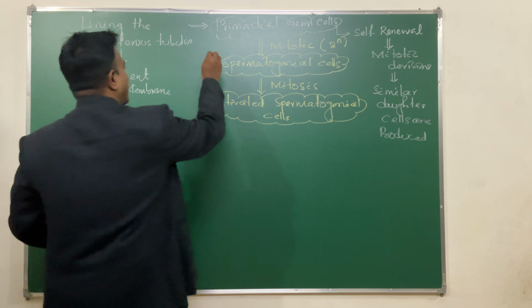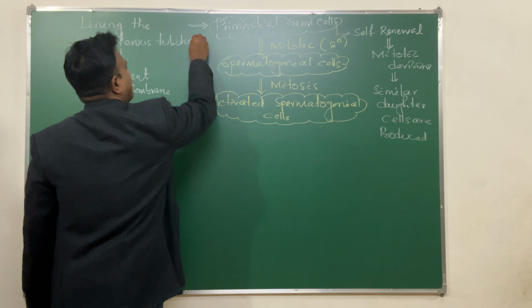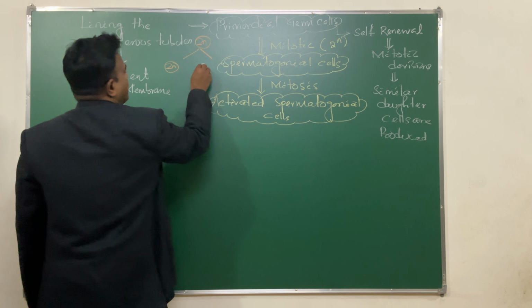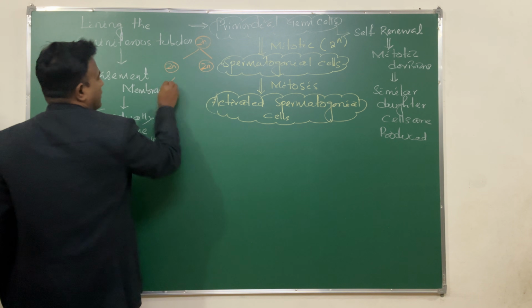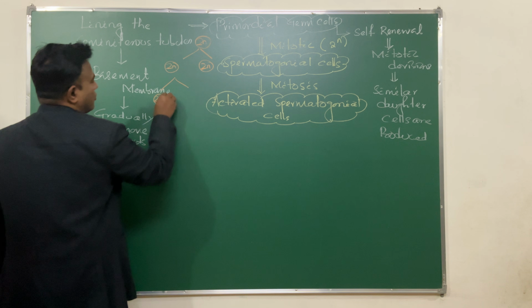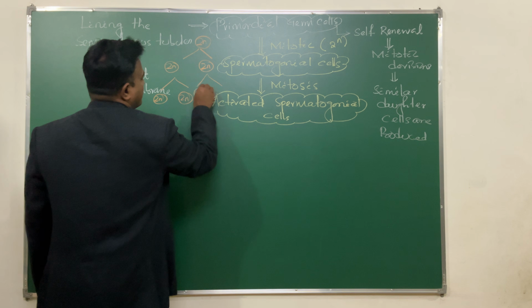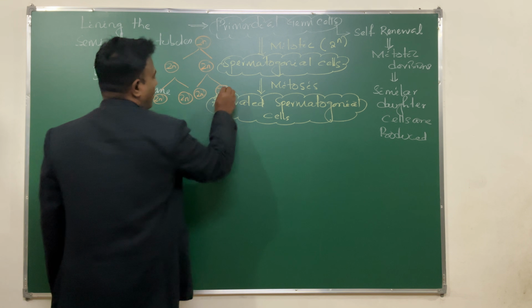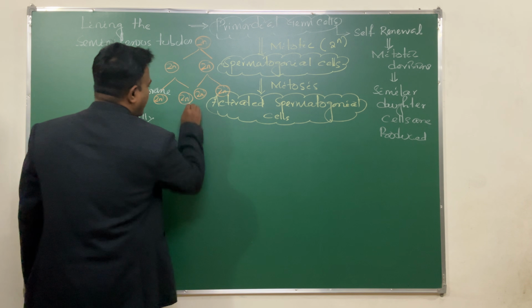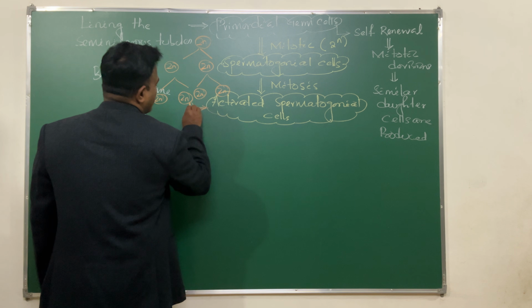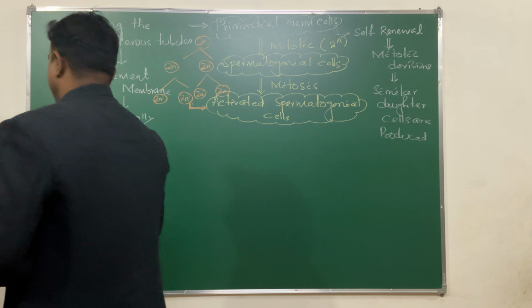If I can draw a diagram, this is 2n. They further divide to produce 2n cells. They are further dividing, 2n. That process is going on here. This chromosome number is diploid. So I can say I am here only. This is activated spermatogonial cells.